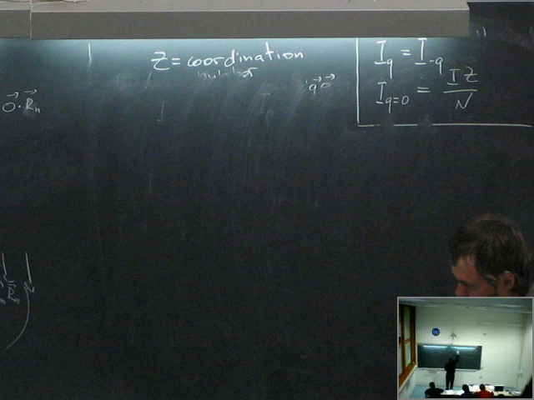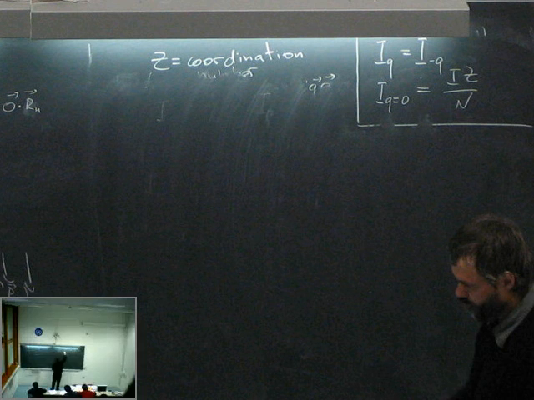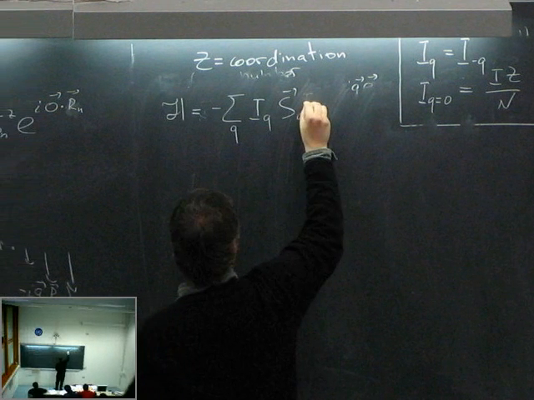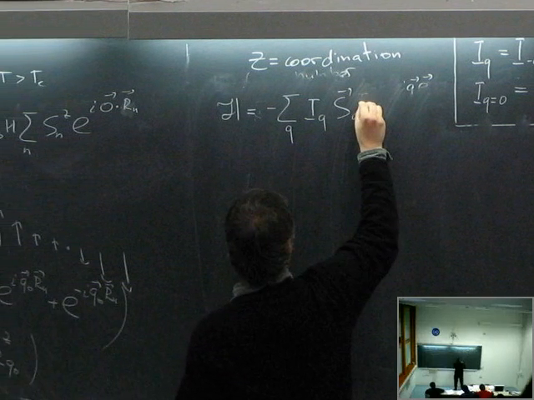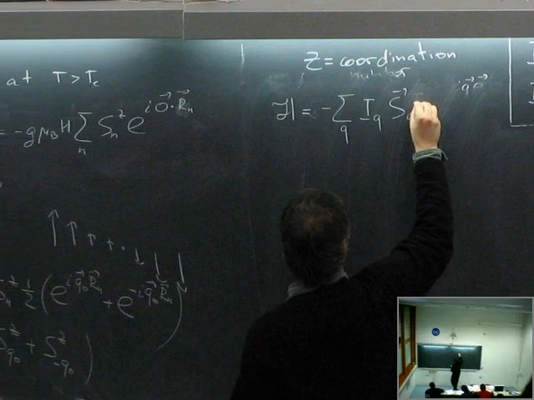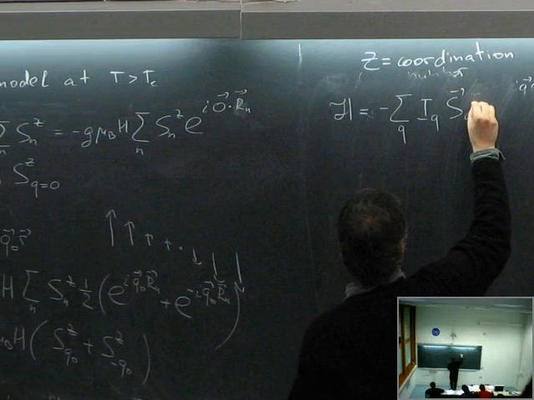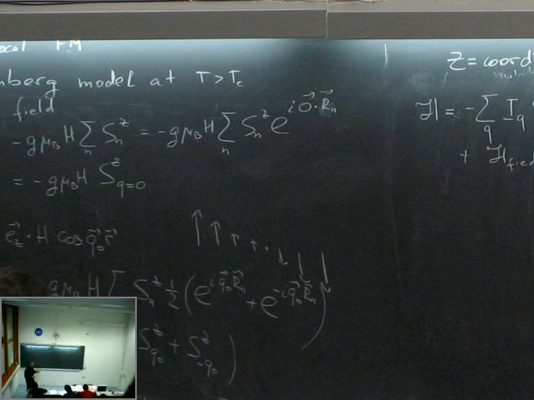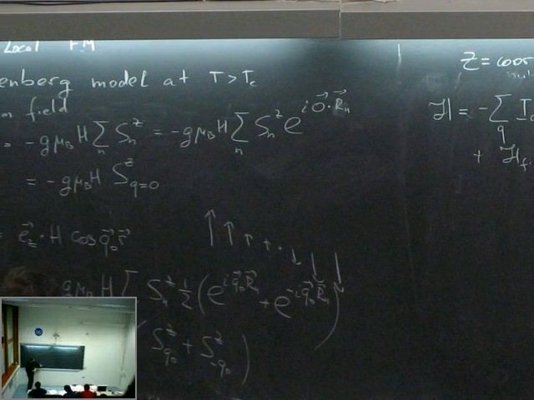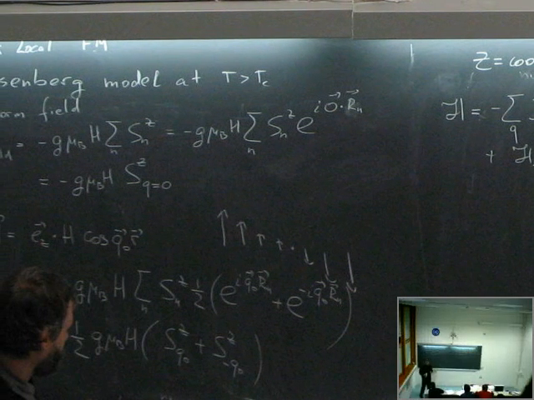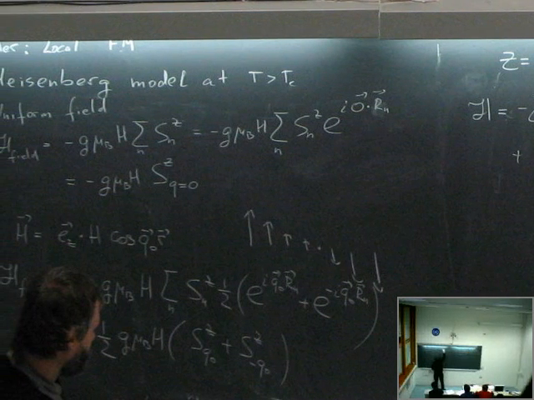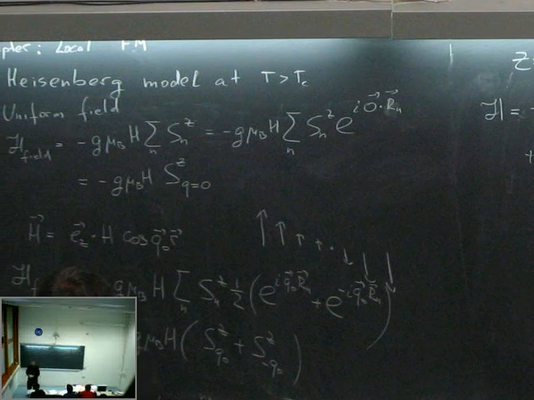Our Heisenberg exchange interaction is minus sum over Q I(Q) S_Q S_minus Q plus H_Q. But you see what happens. The field is talking only to two components, Q and minus Q. We are dealing with a situation where the temperature is above the critical temperature.